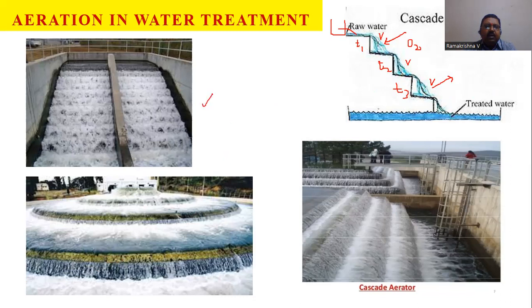You see here, this is one way of stepped configuration, this is another way, and this is another way. These are generally provided in water treatment plants to provide excess oxygen transfer into the water, so that oxidation takes place.